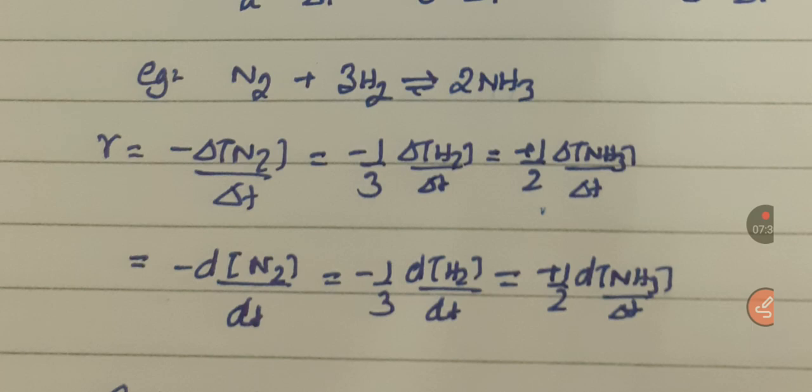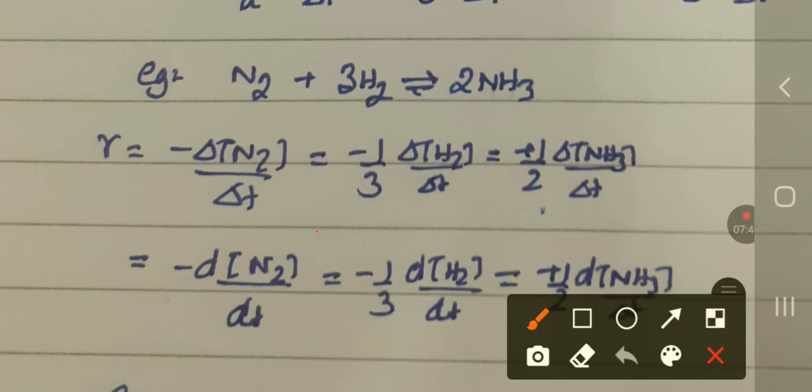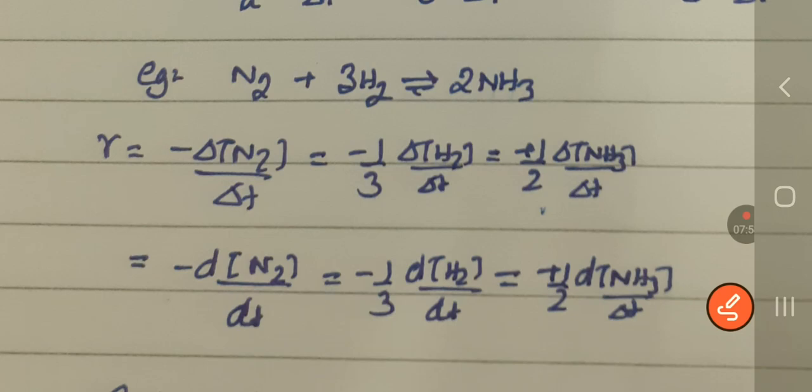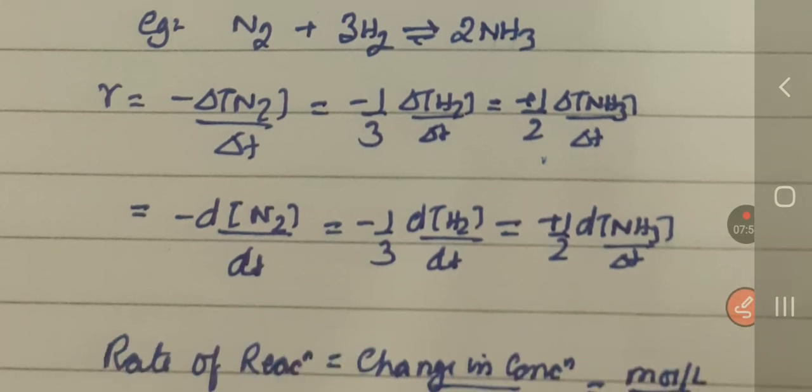So this is the application of rate law for any reaction, and this one is the representation of the average rate, and this is instantaneous rate. So it is very easily understandable.